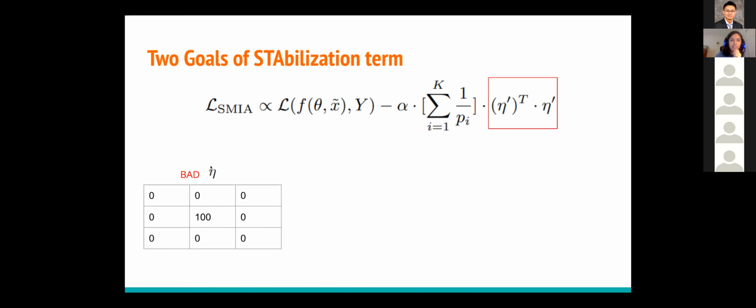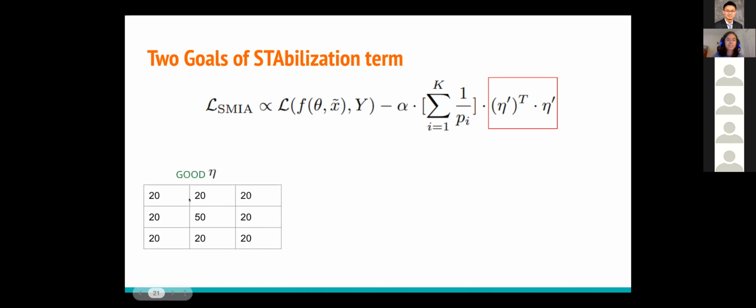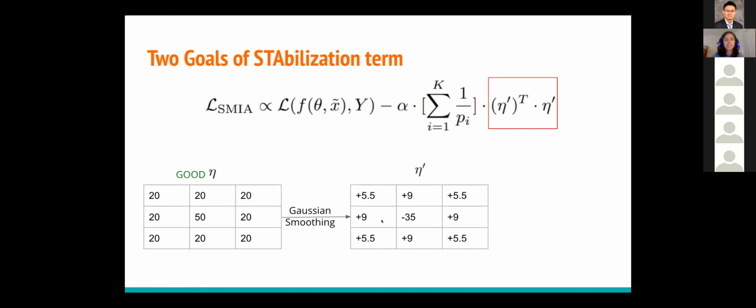So if our eta, our augmentation, says, hey, let's make 1 pixel really bright, and that confuses the model really well, this is bad because if we apply Gaussian smoothing to such offsets, we end up with large values for eta prime after we've smoothed it. A better version of this with a smaller variance would be something like this, where the values are closer to each other. And when we apply Gaussian smoothing, values change by smaller amounts.